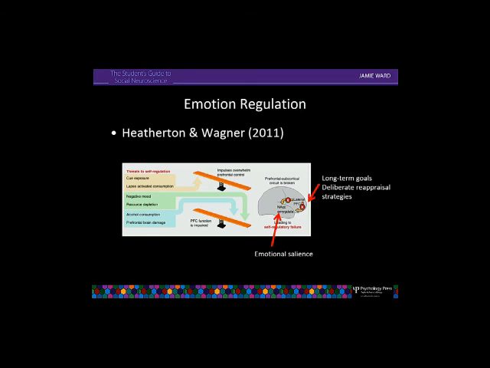The idea is that this sends signals to the orbitofrontal cortex, but also to your nucleus accumbens and amygdala. So you've got what is described as a seesaw between emotional salience and your long-term goals. In effect, the question is whether you act according to your long-term goals or the emotional salience. It is a balancing act between them. But it can be tipped.